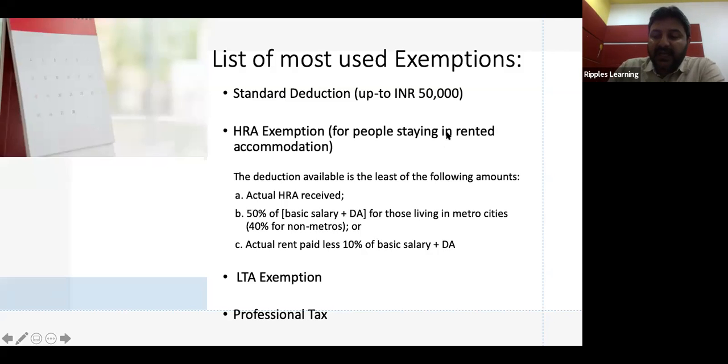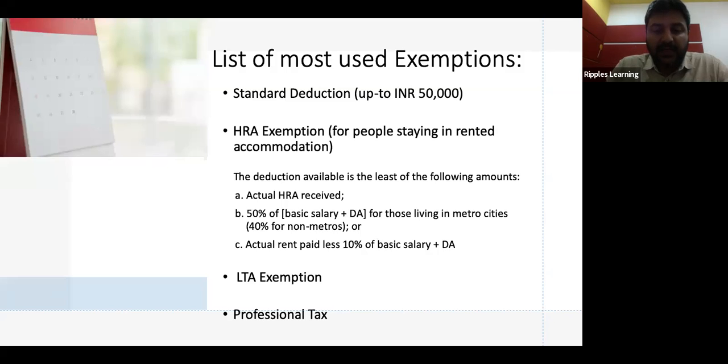Just to give you a simple example of an HRA exemption, let's say we are talking about somebody earning 6 lakh, and let's say the basic is about 40%, which is about 40,000 rupees. In that case, HRA normally, let's say for a non-metro, would be 40% of basic, which is 16,000 rupees.